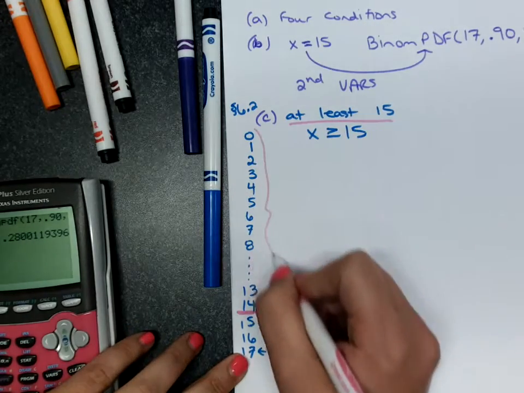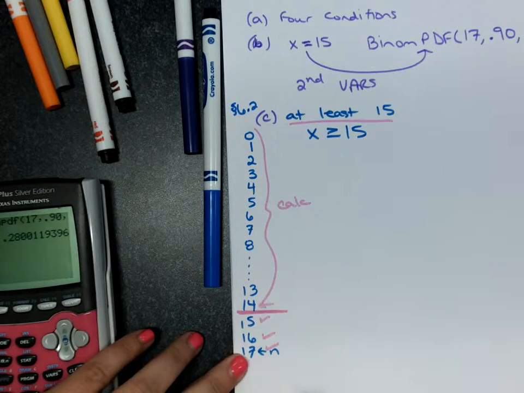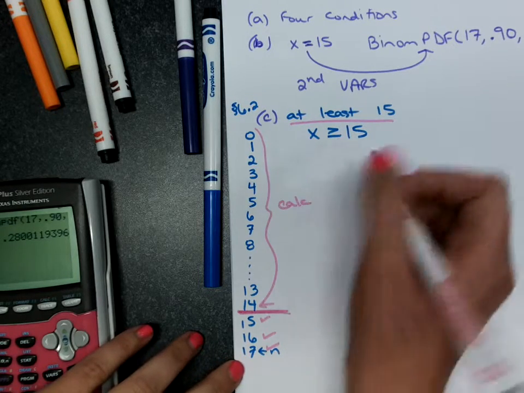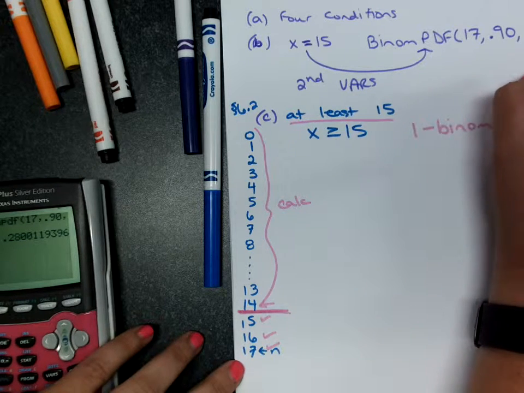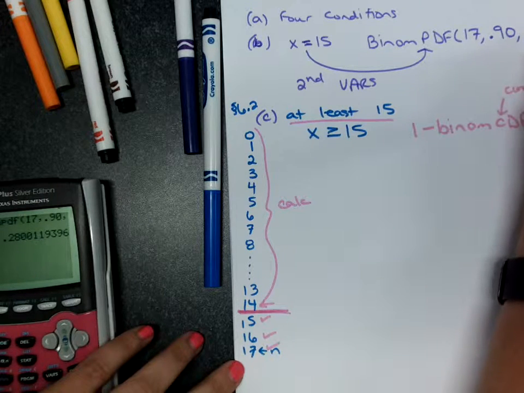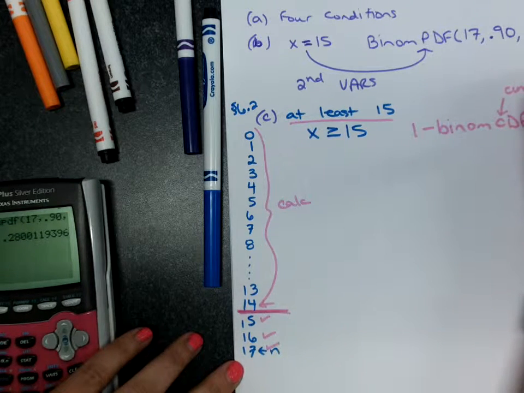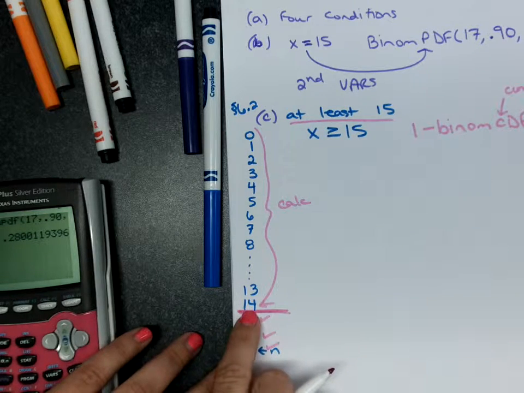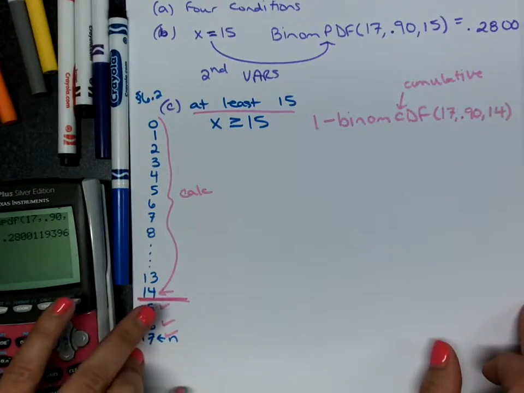I talked about that the calculator can only go from 0 to what we call the stopping point. And the stopping point is always the number right above the line. So for greater than, we're always going to do 1 minus binomial CDF, C for cumulative, because we want more than one value. We want 15, 16, and 17 all together. We still do sample size, probability of success, and then you put the number right above your line as your last value. So in this example, it would be 14.